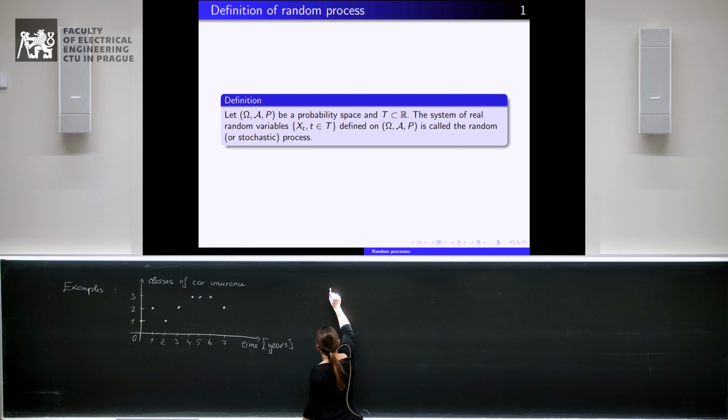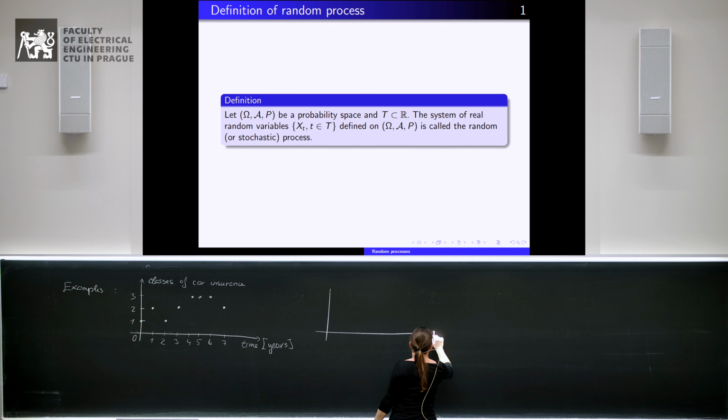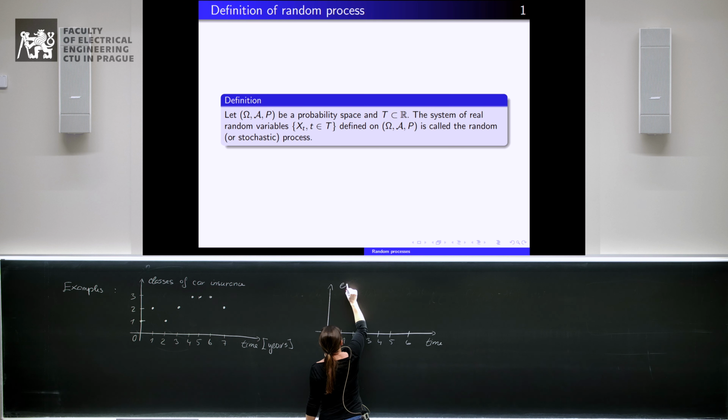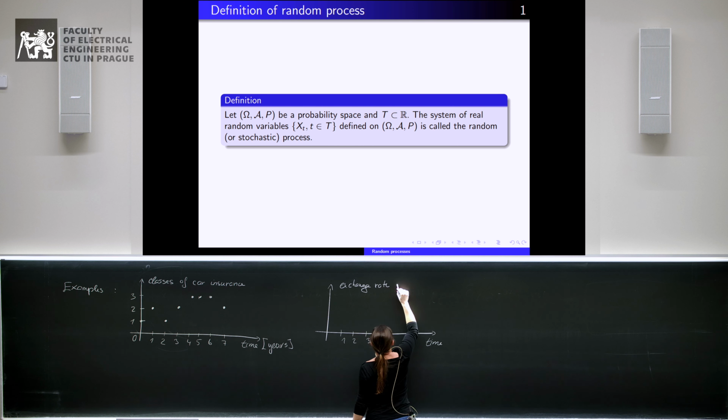Or another example. Again, we consider time. And on the vertical axis, we will have the exchange rate of, let's say, euro with respect to Czech crowns.